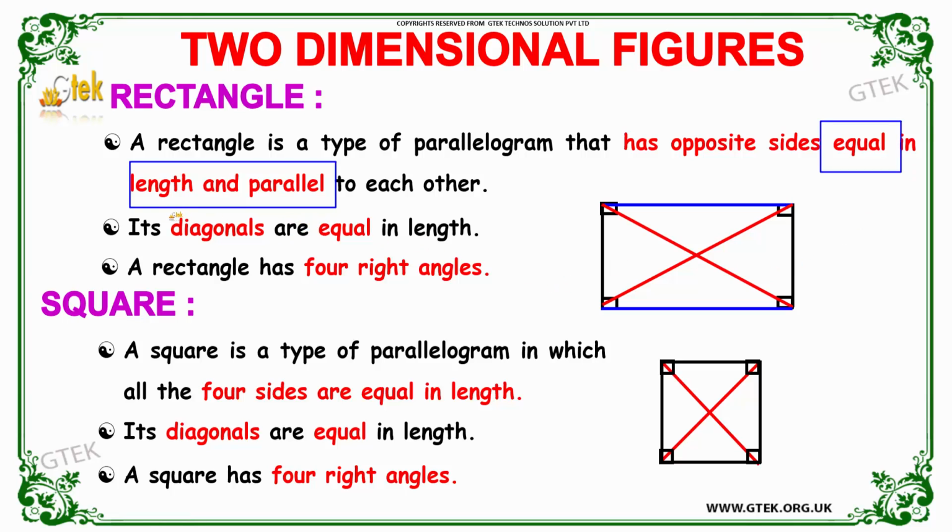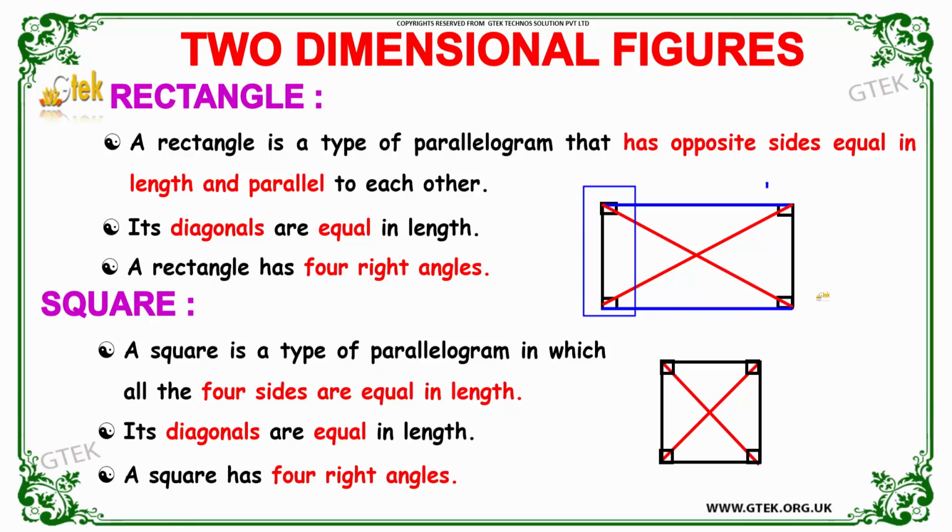And the diagonals will also be equal in case of a rectangle. And the 4 angles of your rectangle will be right angles. So, if the angles in your parallelogram are equal and the diagonals of the parallelogram are equal, then that turns out to be a rectangle.